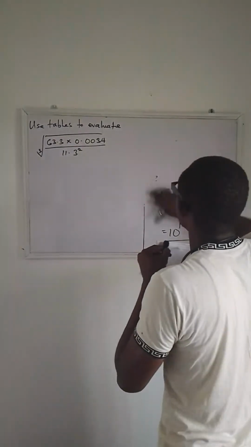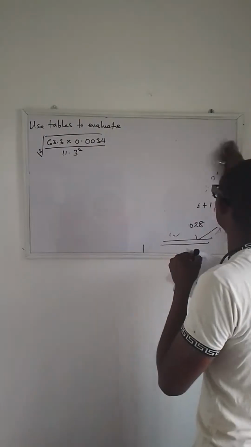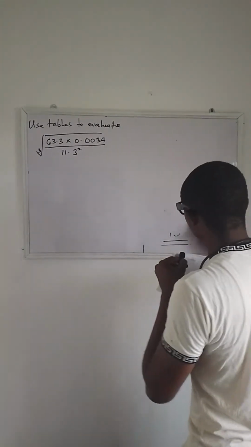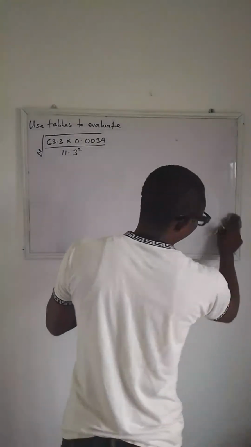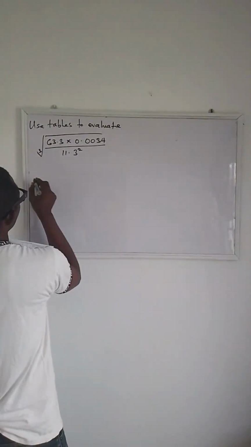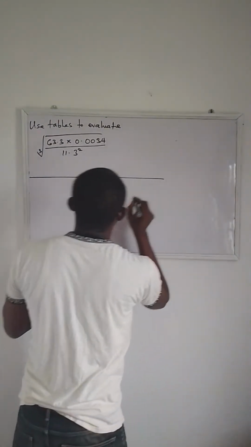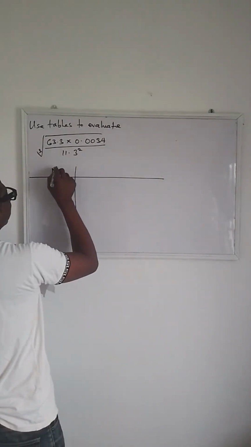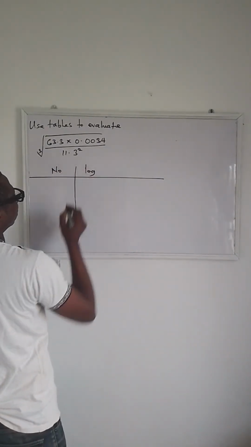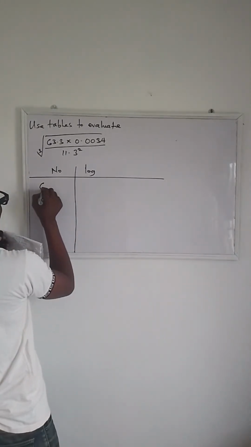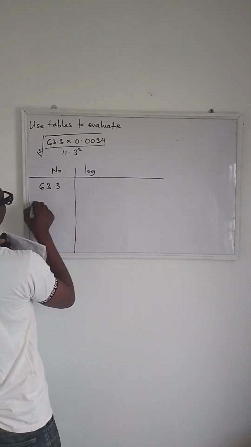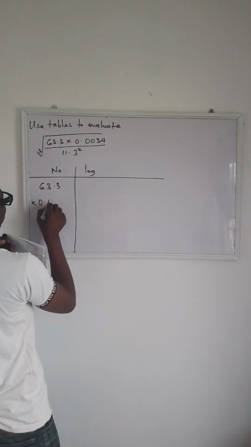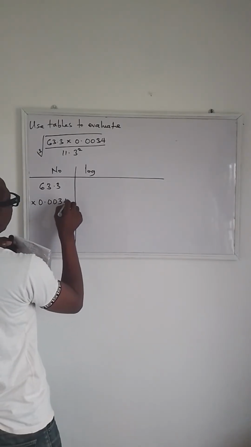Now let us draw our number log table. We have 63.3 times 0.0034.